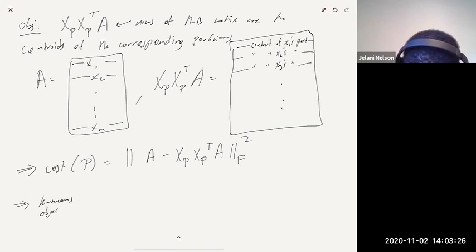So this implies that the k-means objective is the min over all projection matrices, I'll call it Q, I don't want to reuse P since P there was a partition.